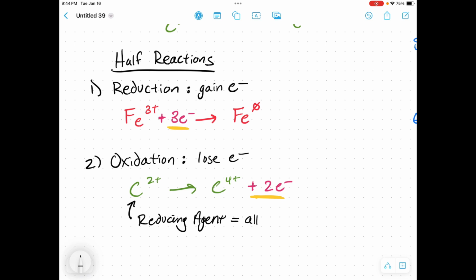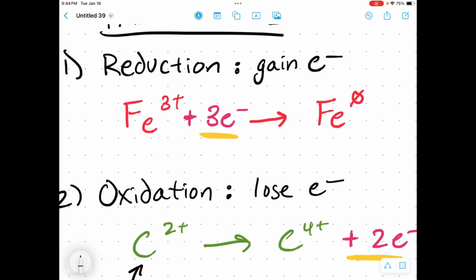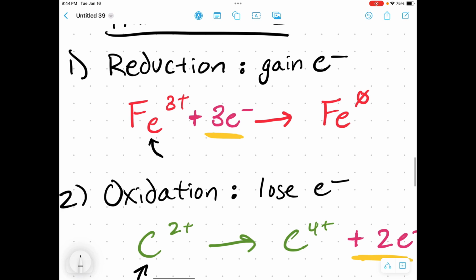All that means is it allows reduction to happen. An agent is something that participates in something, so it's the thing that's participating or allowing reduction to happen. So the oxidation part is the reducing agent, facilitates reduction. I can do the same thing for the opposite side. Whatever is being reduced is facilitating oxidation. So iron here is our oxidizing agent.